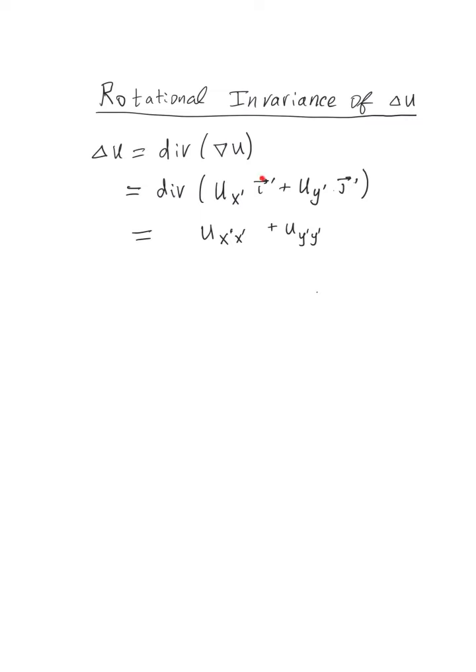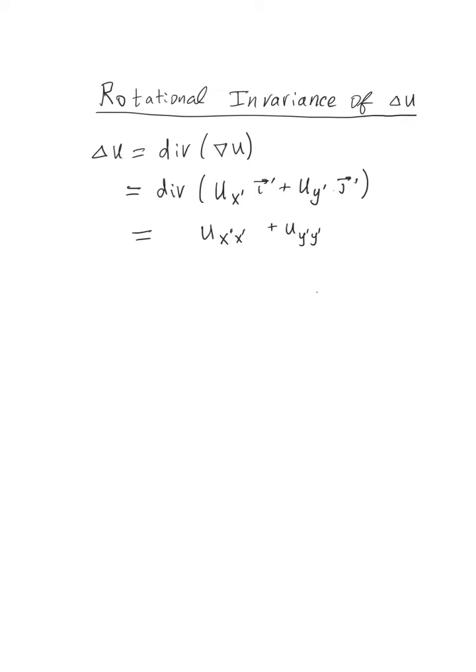Since the new basis is still orthonormal, the divergence of the vector field will be simply the sum of partial derivatives with respect to the new variables. So we have the double partial derivative of u with respect to x prime, plus the double partial derivative of u with respect to y prime. And that's exactly what we wanted to show.